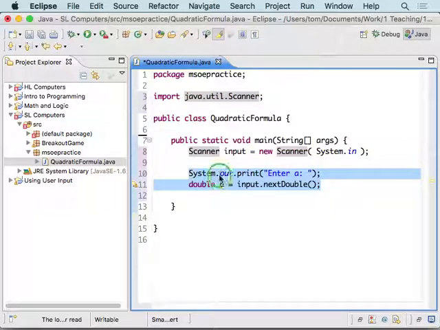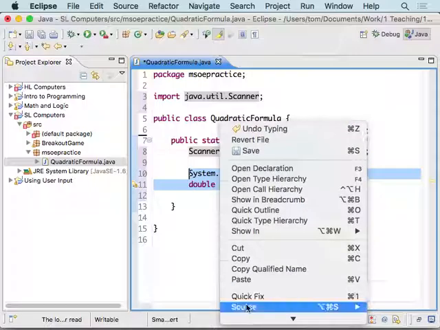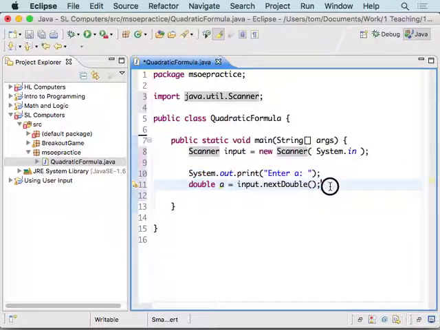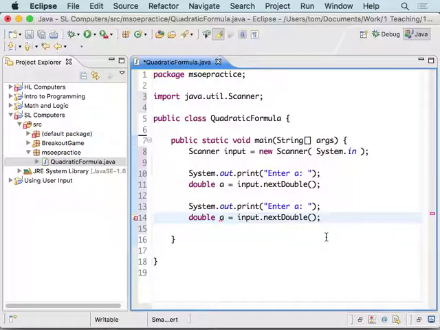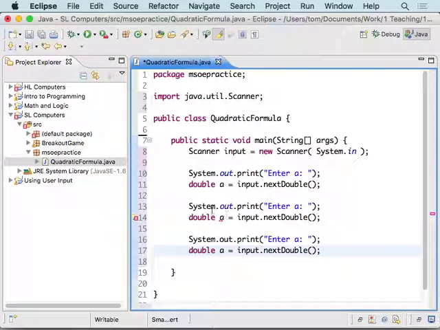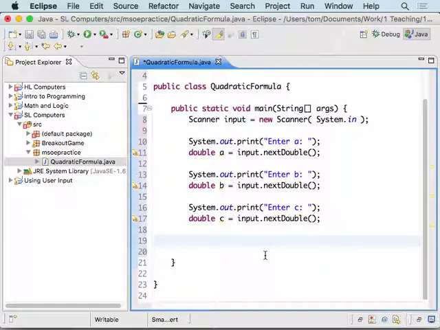Okay, so then the next thing we're going to do is copy that and paste it 2 times. And then we want them to also enter B and C. All right.